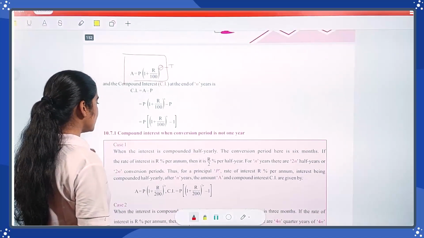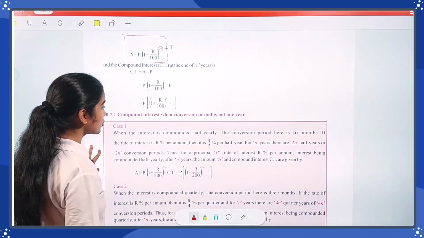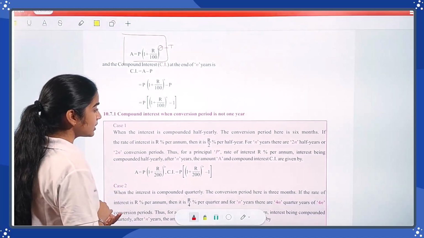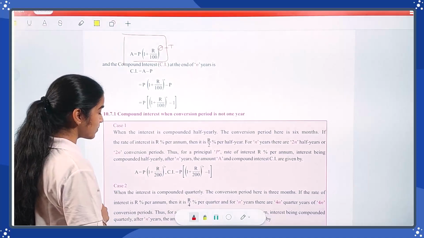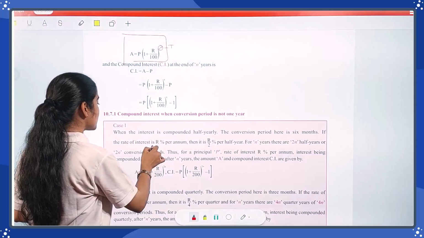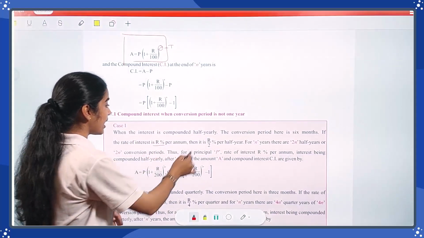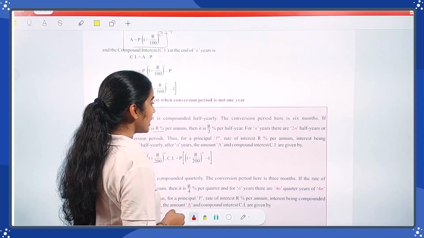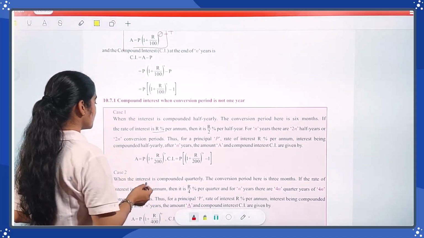Now, compound interest when the conversion period is not 1 year. When the interest is compounded half yearly, the conversion period here is 6 months. If the rate of interest is R% per annum, then it is R% by 2 per half year. For n years, there are 2n conversion periods.